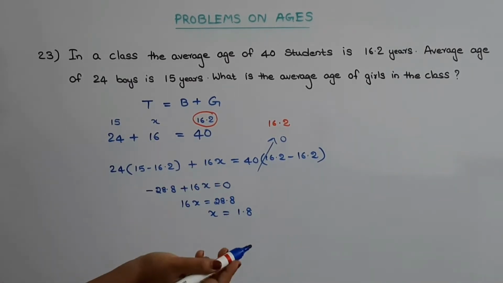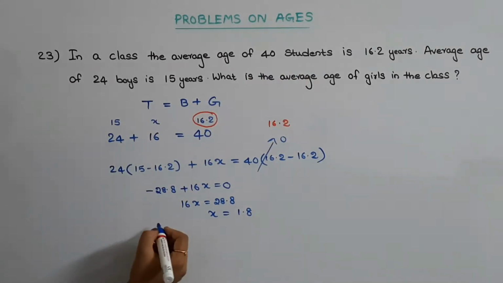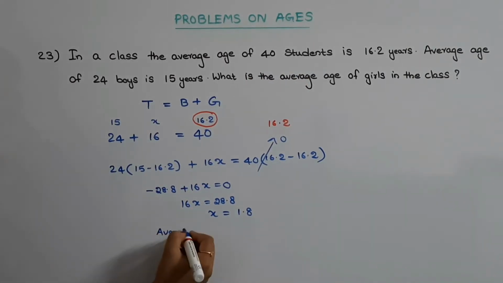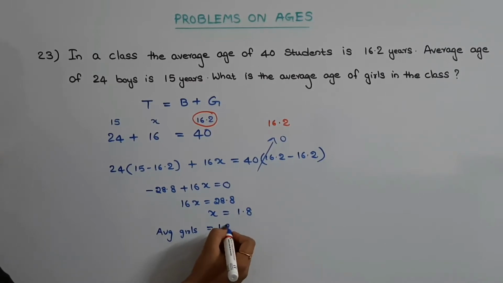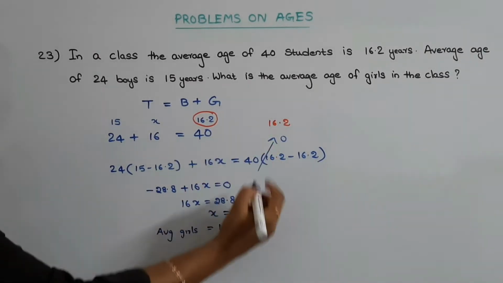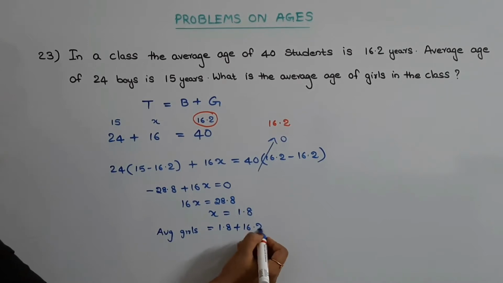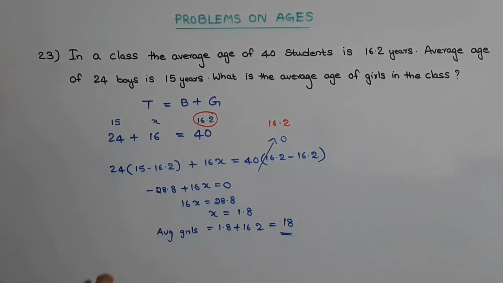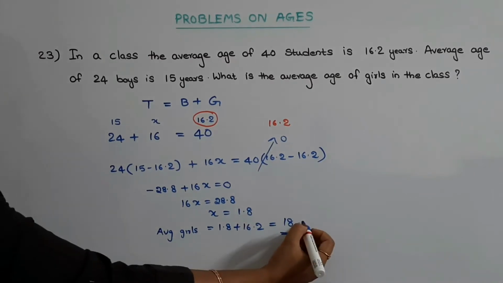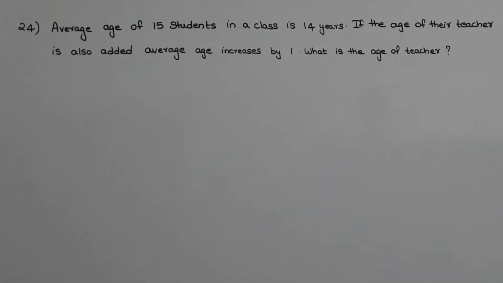Now we can easily find the average age of girls. Average age of girls will be equal to this X 1.8 plus the reference value, that is 16.2. So this is equal to 18. Hence the average age of girls in the class will be equal to 18 years.